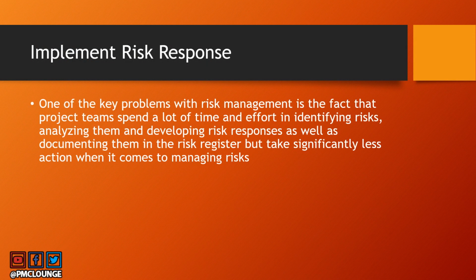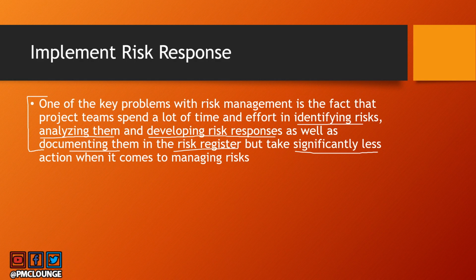All right, last few things. One of the key problems with risk management is the fact that the project teams are spending a lot of time and effort in identifying risks, then analyzing them both qualitatively and quantitatively, and then developing risk responses, as well as documenting all this in the risk register. So the project team is doing all this, but the project team seems to be taking significantly less action when it comes to managing risks.